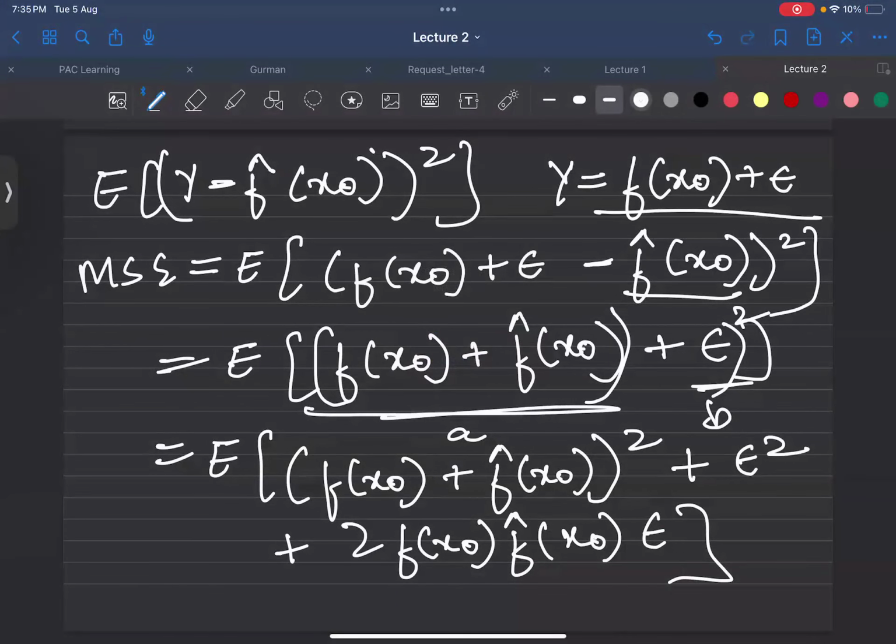Ma'am, what is the last term? The last term will be another thing, right? 2ab, epsilon. What I have done is just taken f x naught, f bar. Oh, sorry. You are correct in pointing me.